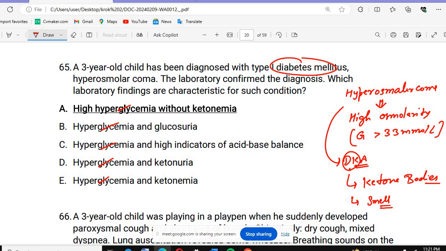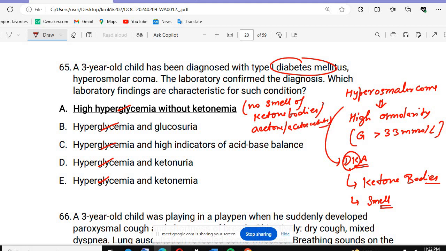In this question, there is no smell of acetone or acetoacetate, no smell of ketone bodies. If they mention ketone bodies, they will mention everything about the urine, acidic urine, but there is no smell of ketone bodies, acetone or acetoacetate.